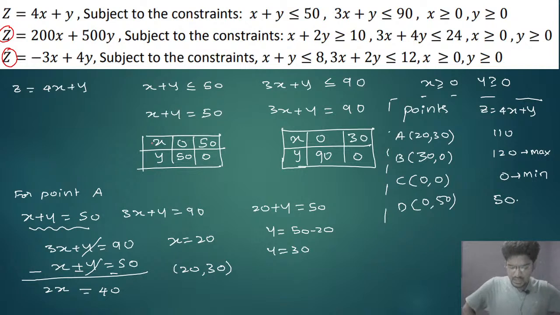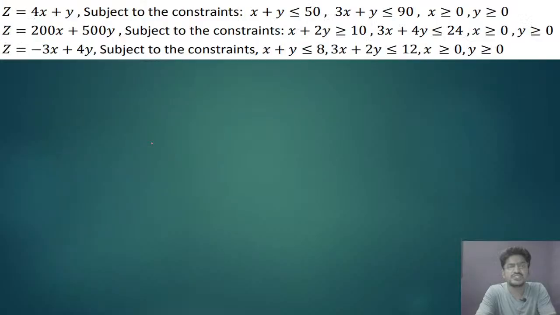So now I think LPP problems are very easy to solve. Quickly tell me, all of you, have you understood the problems of LPP? Shall I go for the next continuity chapter?